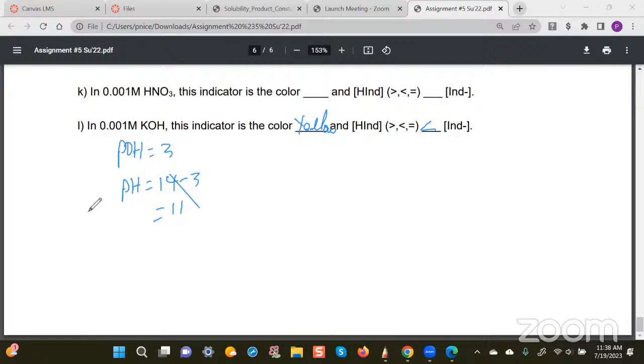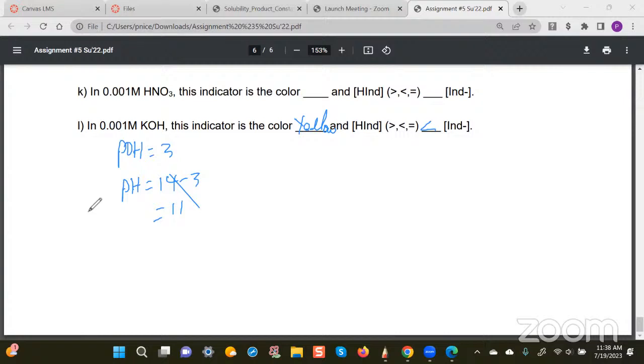Let me see here. Just to make sure it's opened up. Okay.